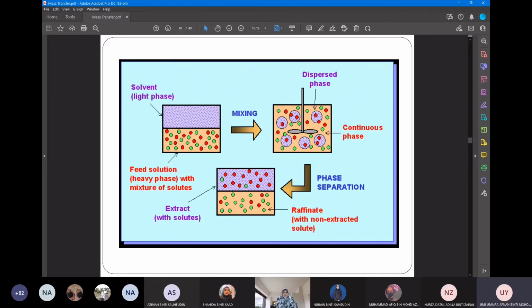So how do we achieve the separation process? You have to make sure that you mix the light solvent together with your feed solution. To increase the contact area between your vitamin C and your solvent, you have to mix the solution properly. By doing that, your solvent can attract your vitamin C in the phase.